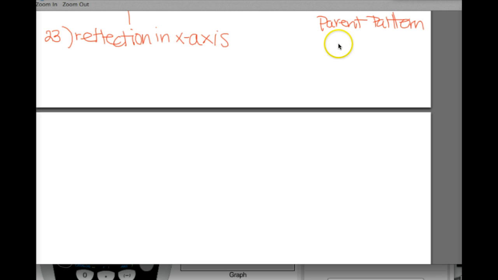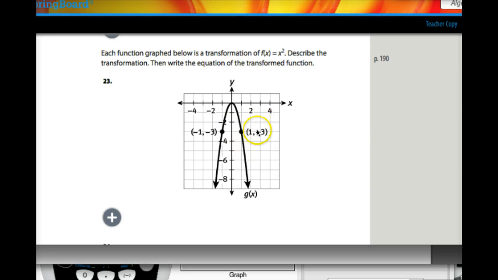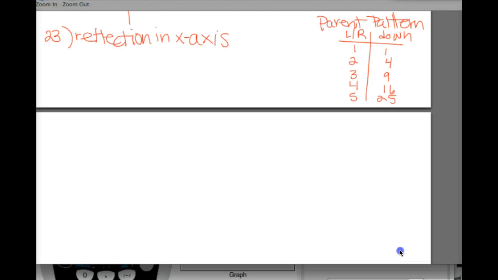sorry, that looks kind of sloppy. Typically, we have left and right. In this case, it's down because of the reflection. But we have 1, 1, 2, 4, 3, 9, 4, 16, 5, 25, and so on. If you look here and you're trying to match, there is nothing in the parent pattern that has a y value of 3, so I can't match that one. I can, however, match left and right values of 1 or -1.